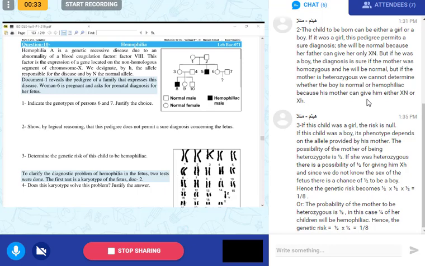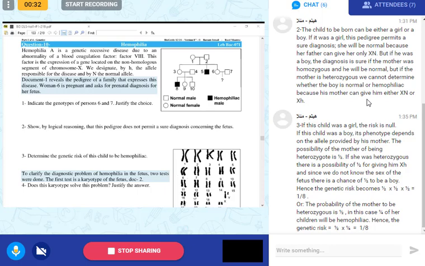If I want you to flip it 2 times, what is the chance to get 2 heads? 50%? Wait a moment. When you flip it 2 times, you have now 4 possibilities: 2 heads, 2 tails, tail head, or head tail. Right? So they are 4. How many of them is 2 heads? 1. So the chance is 1 over 4.